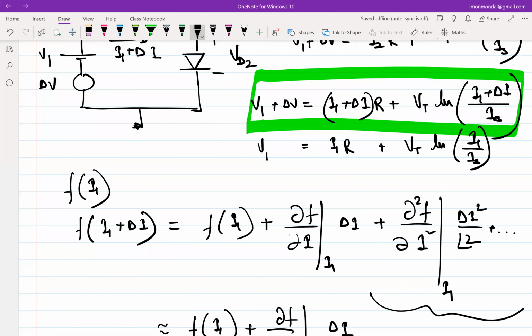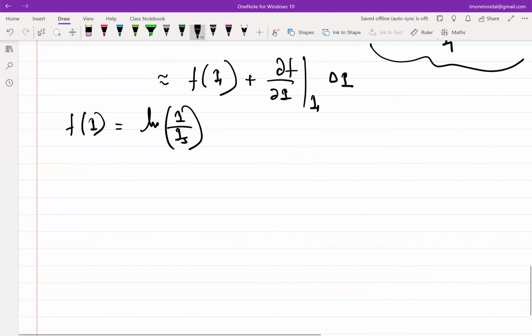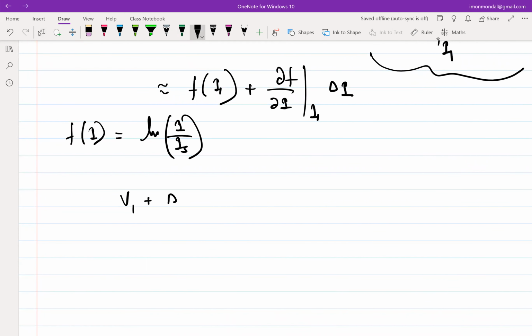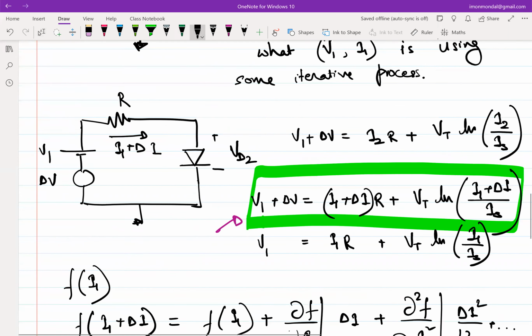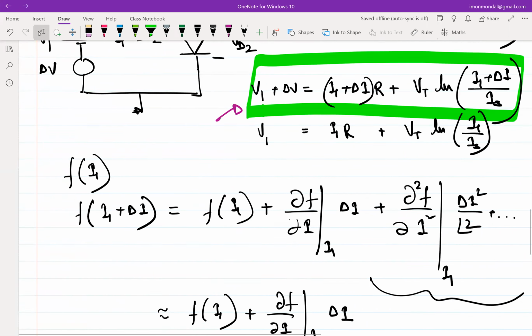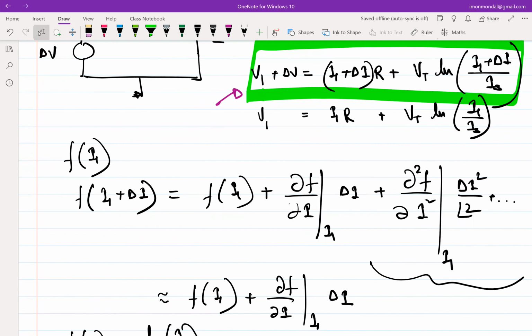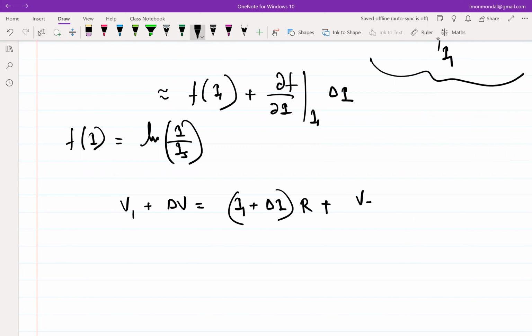Pointing to this equation, I will replace this as V1 plus delta V equal to I1 plus delta I times R plus f of I1, which in this case is Vt ln of I1 by Is, plus Vt by I1 times delta I.